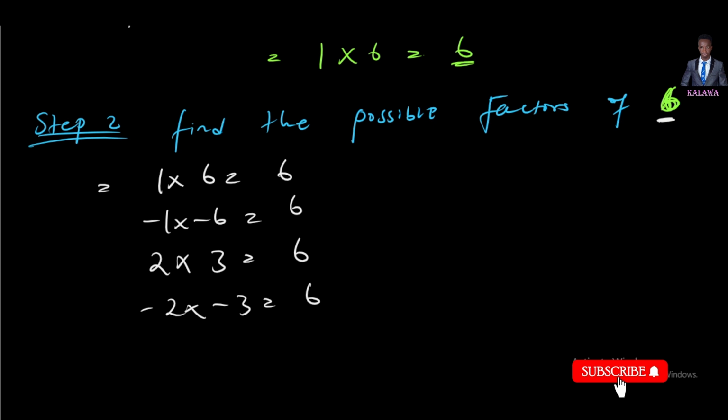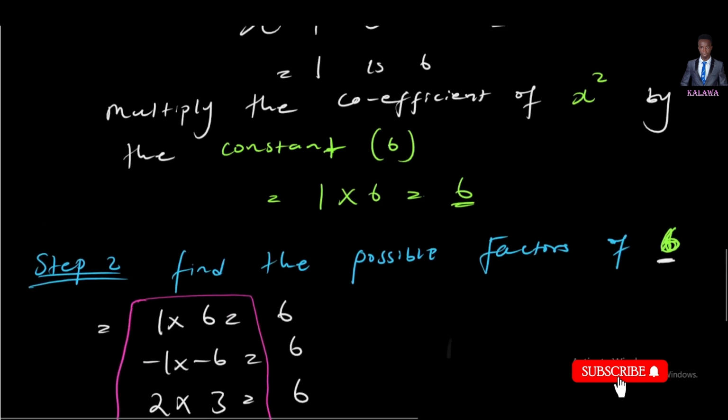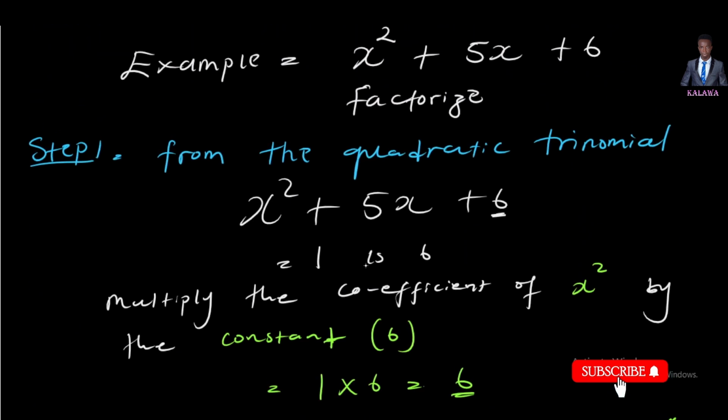Now, after we have arrived at the possible factors of 6, we are going to consider them again. From the possible factors, which two numbers can we add that can give us 5? Because we want to eliminate this 5x. We want to find two numbers that can replace 5x.